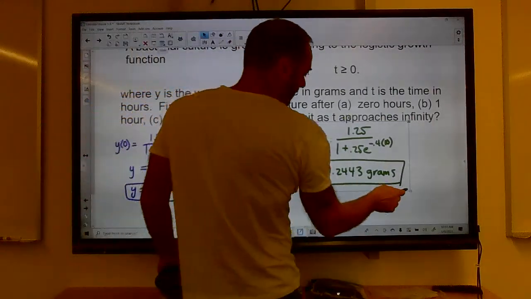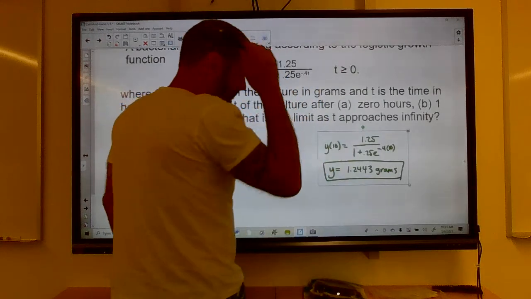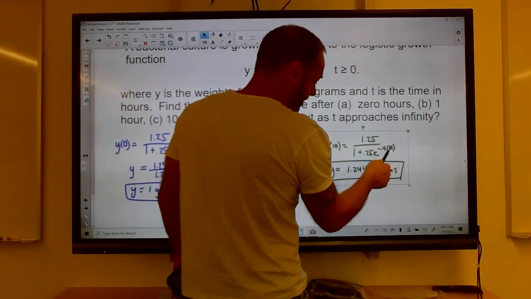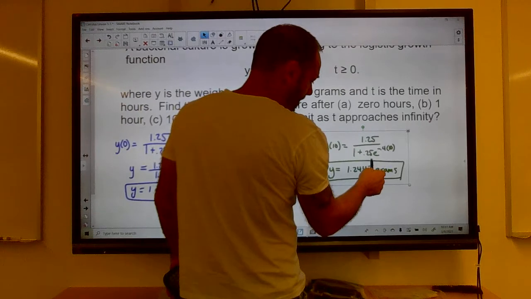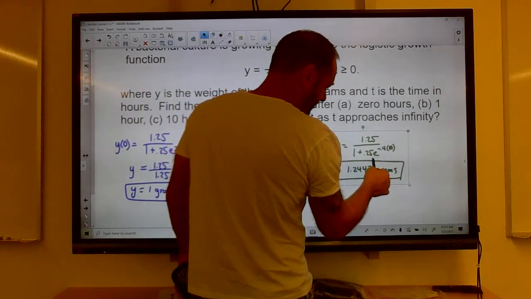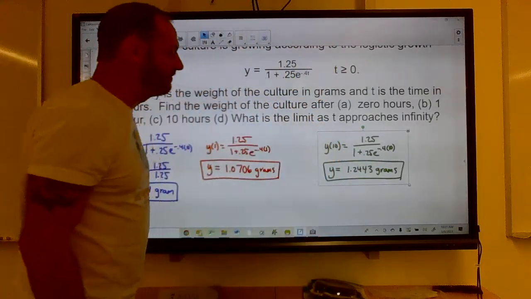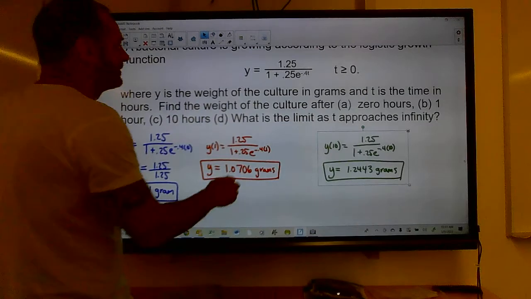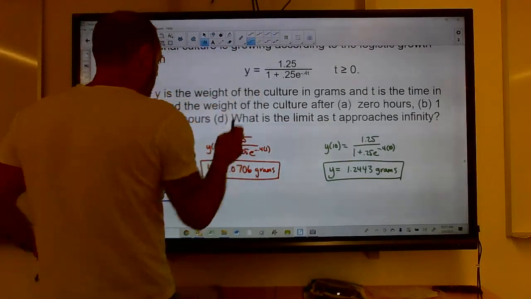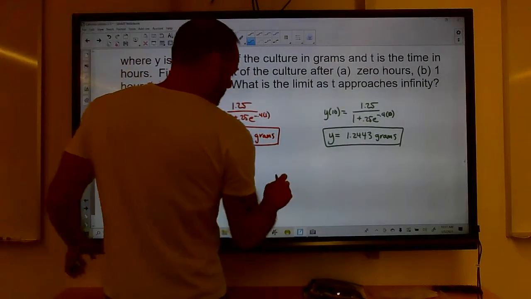And what you're going to find is that as t gets bigger and bigger and bigger, this ends up right here approaching 0. And so this ends up to be 1.25 over 1, which that limit is going to end up being 1.25 grams.